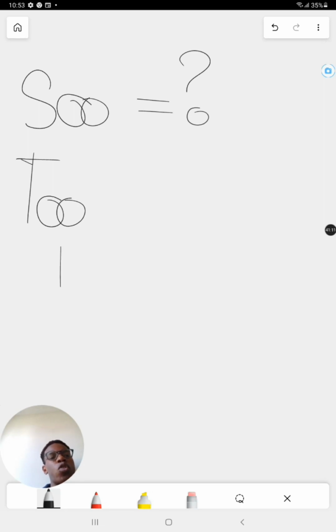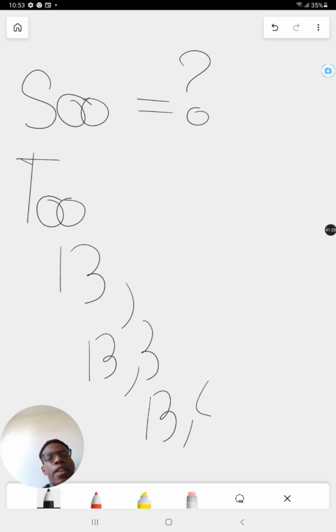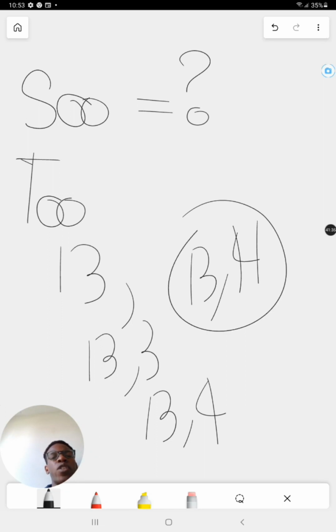Remember, for the series that we were looking at, we had 13, then 13.3, then 13.4, then 13.41. This is for the example that we were doing just now. Do you see that we're changing less and less? We're moving less and less away from 13, and we're moving towards a certain value, 13.4 something. That's the value that we're moving towards.